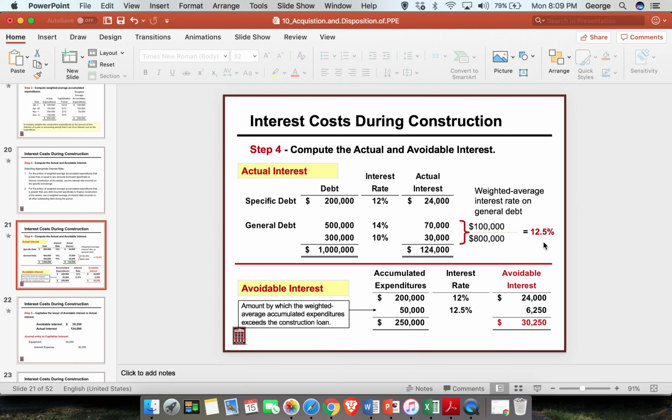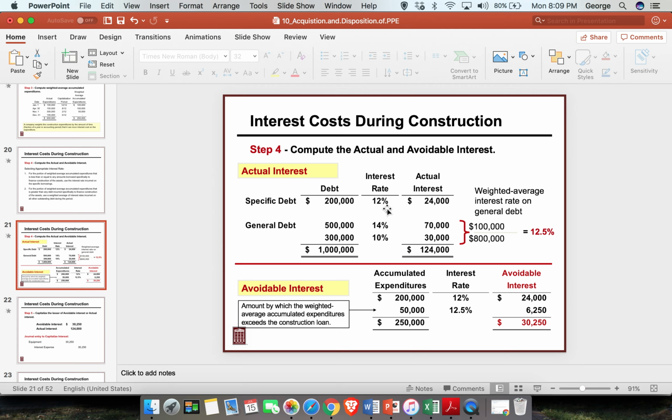All right, then the avoidable interest is going to be, we're going to use this 12.5%. And it's the amount by which the weighted average accumulated expenditures exceed the construction loan. So the loan was 200,000. We had other expenditures of 50, so 50,000 exceed the loan. We'll use a weighted average rate of 12.5%, and we can record that as avoidable interest, $6,250, along with the $24,000, right?